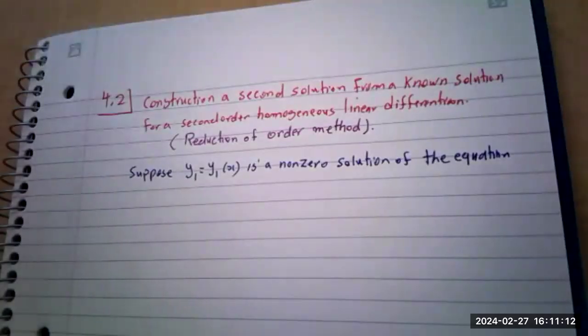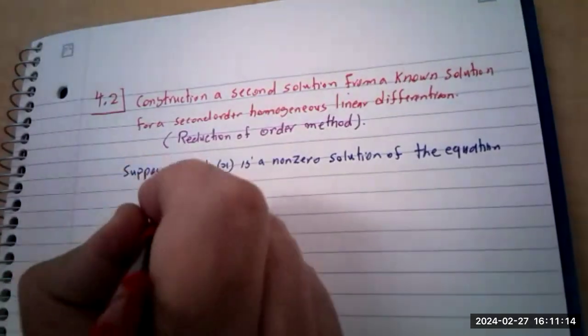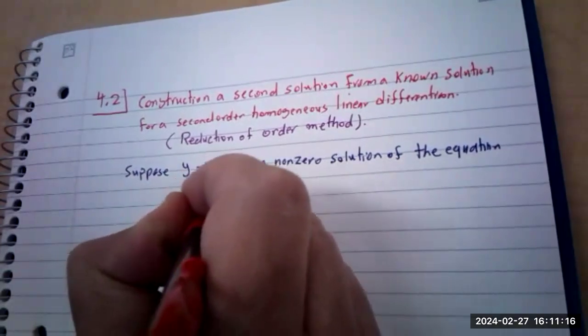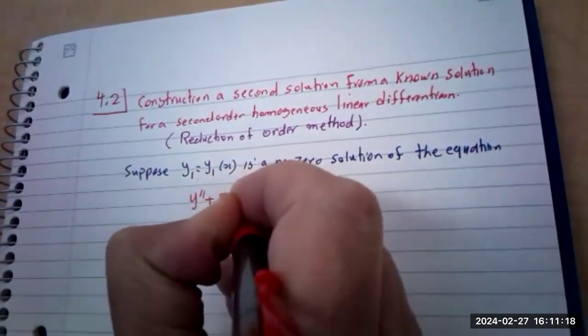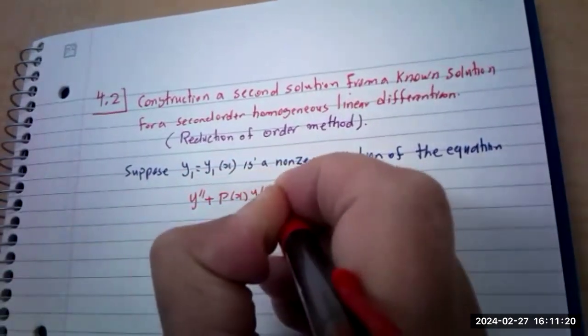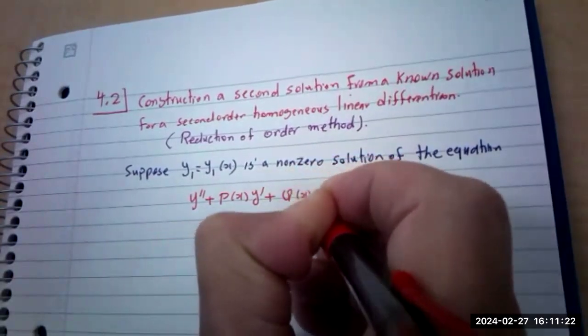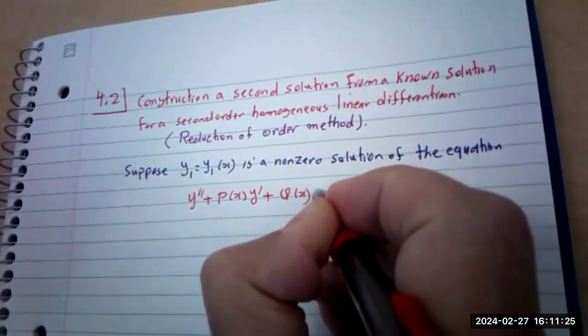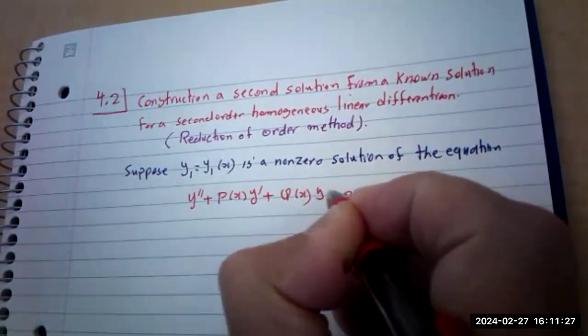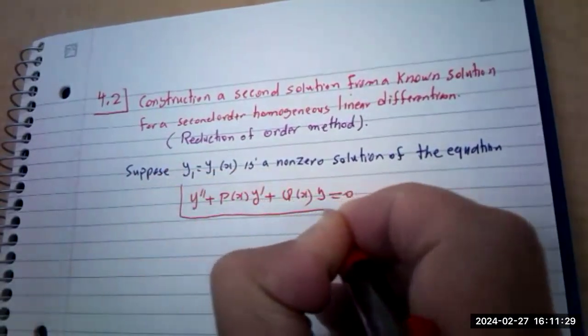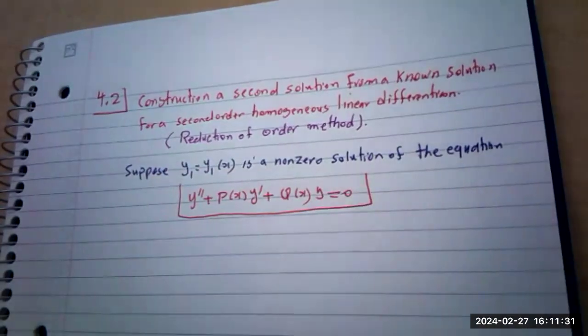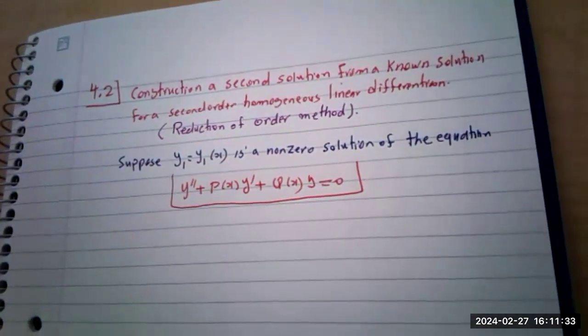This is the equation, the homogeneous one: y double prime plus p(x) y prime plus q(x) y equals zero. So y1 is the known one. Y1 is given. We want to find the y2. That's the idea.